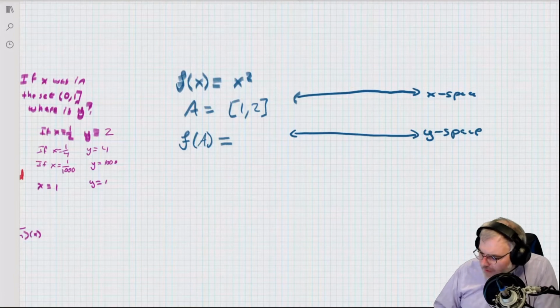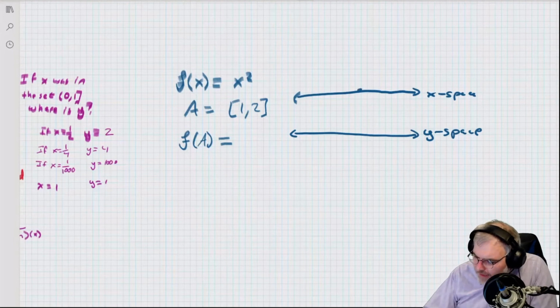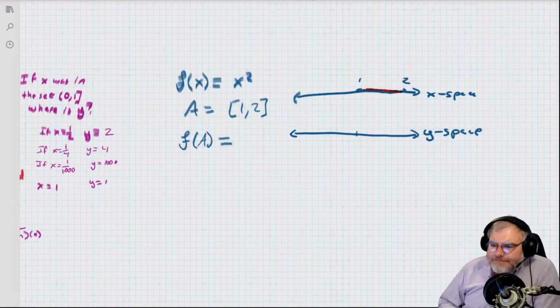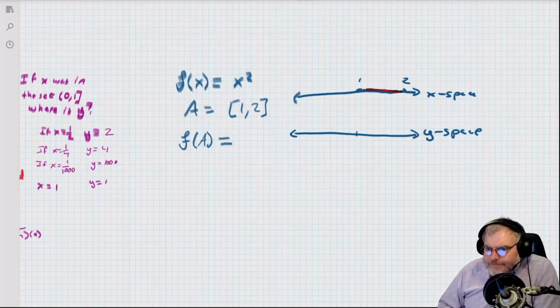Okay, perfect. Okay, so I want A to be from 1 to 2. So if A is 1 to 2, that's this area here, from 1 to 2. Well, what is f of 1? 1.